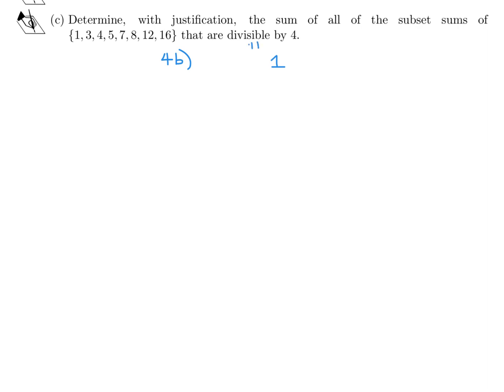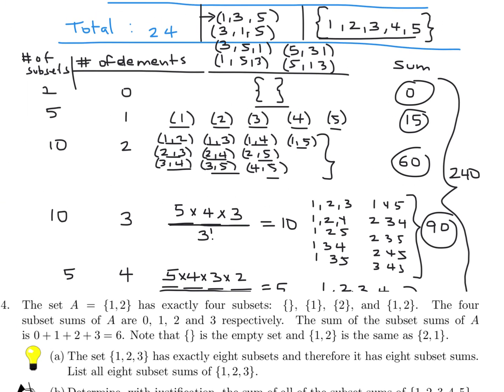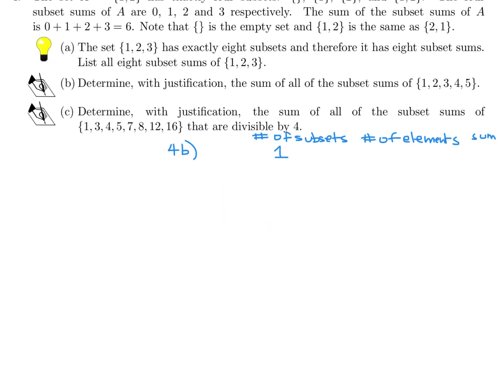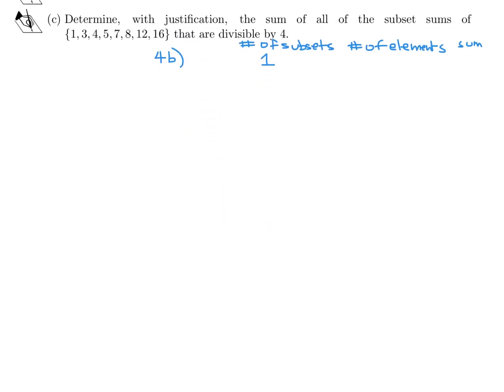If you look at the number of subsets, the number of elements, and the sum of those subsets, this whole thing, this is what we did. If I made a little table here really quickly, it was, let's see here, if I remember.